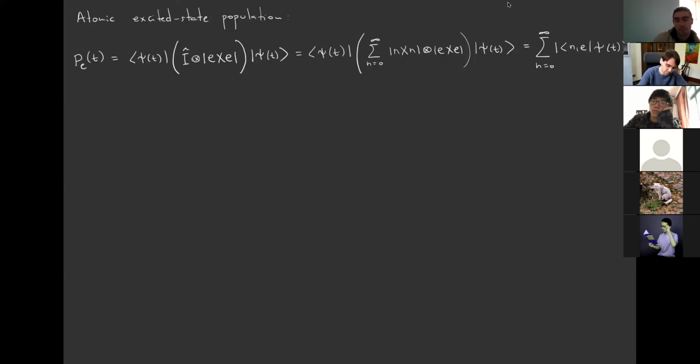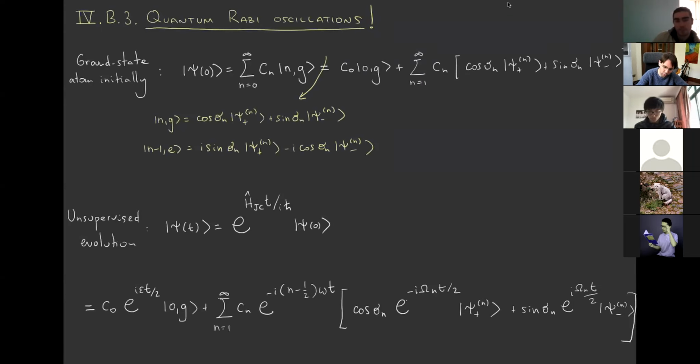that happens in the field. But we know very well what this projector is, because if we take this probability amplitude, the projection of the state onto n,e, we simply have to go to the state. This is our state.